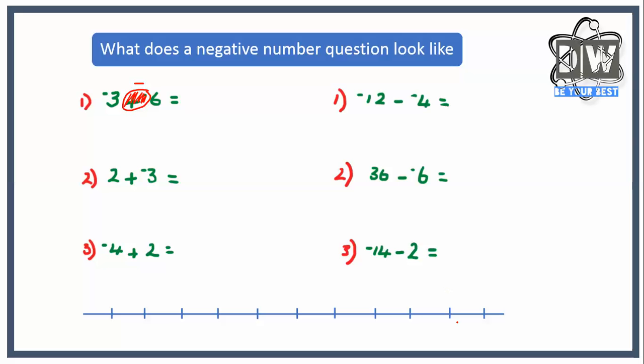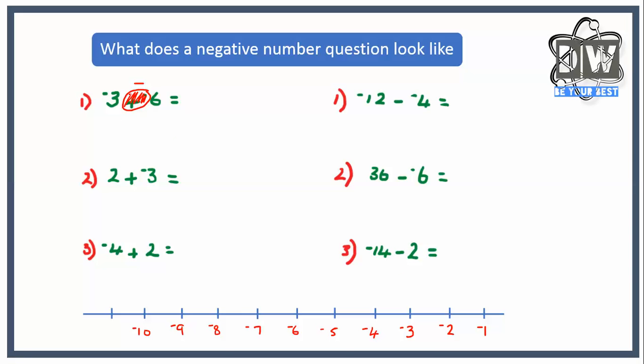Now, this is -3, -4, -5, -6, -7, -8, -9, -10. Okay, and let's just say this is -2 and this is -1.